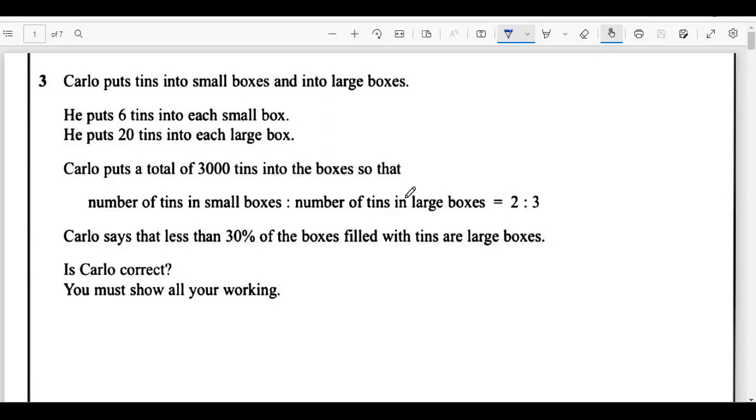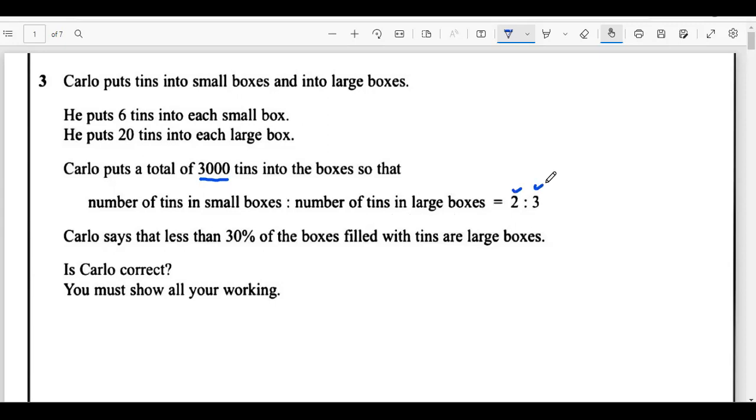Now, obviously, for these questions, we can do it through multiple ways. My method could be different than yours, but let's see. They're saying that the total number of tins is 3,000, and whatever the number of boxes is, we do not know about it, but all we know is that the ratio is 2:3.